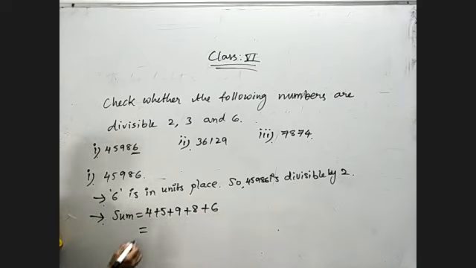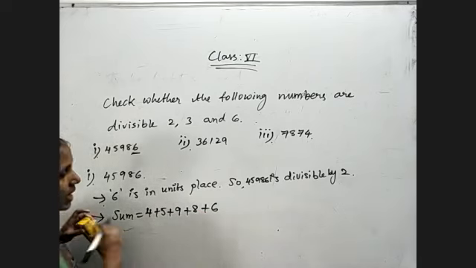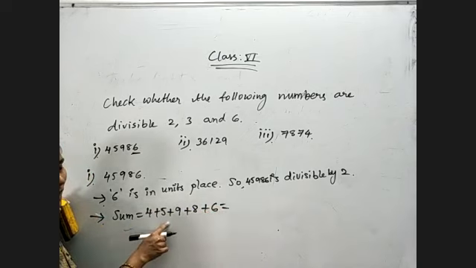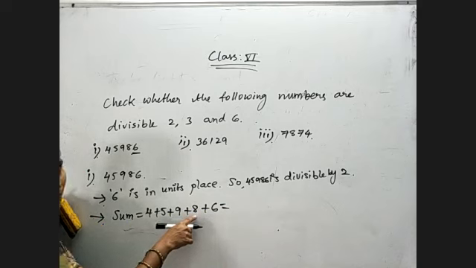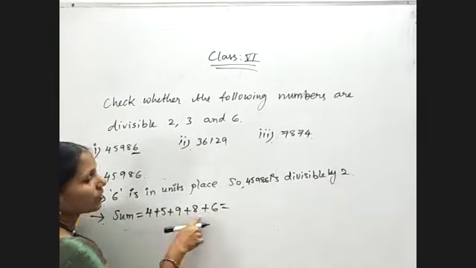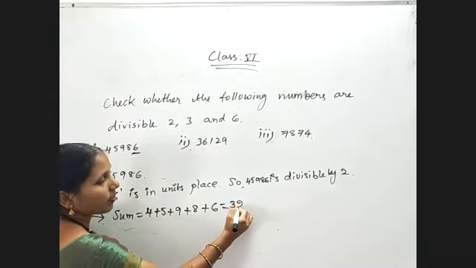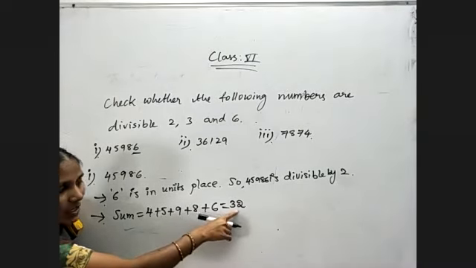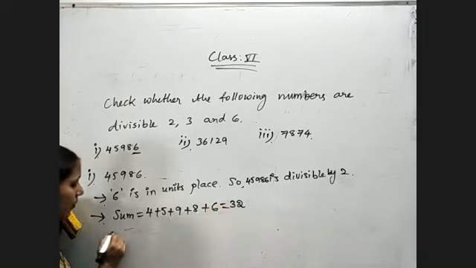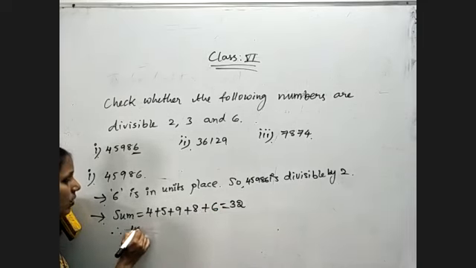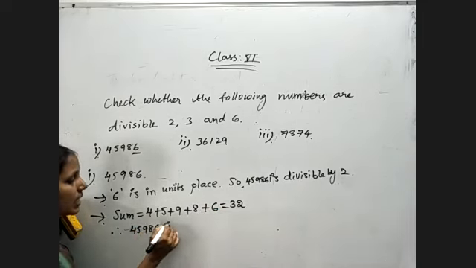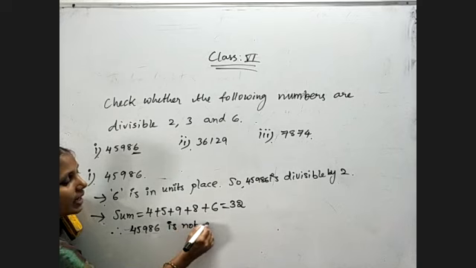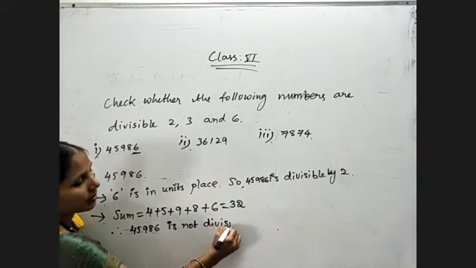Now what will be the answer? 4 plus 5 is 9. 9 plus 9 is 18. 18 plus 8 is 26. 26 plus 6 is 32. Are we getting 32 in the table of 3? Is that divisible by 3? No. Therefore, 45,986 is not divisible by 3.